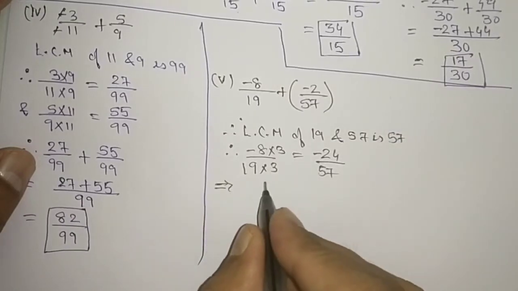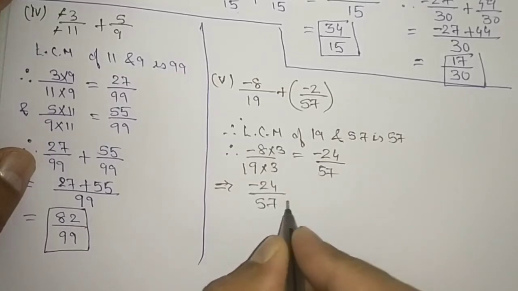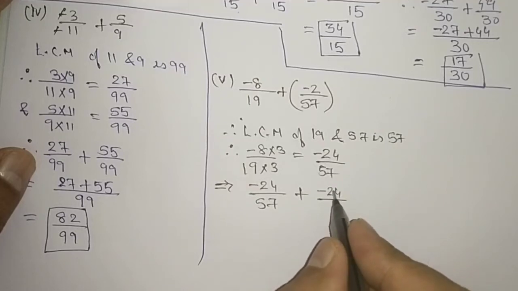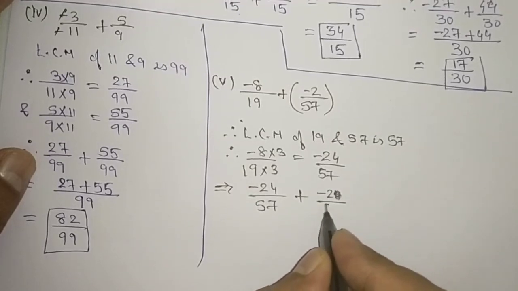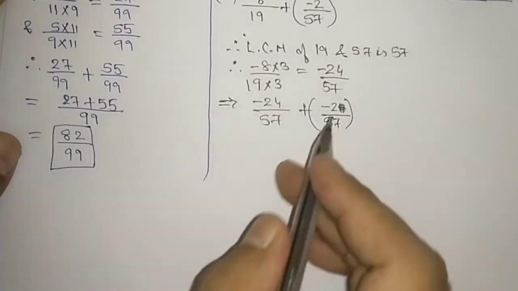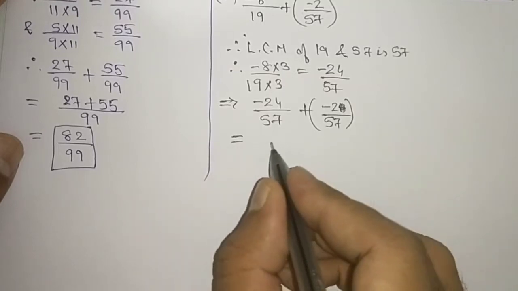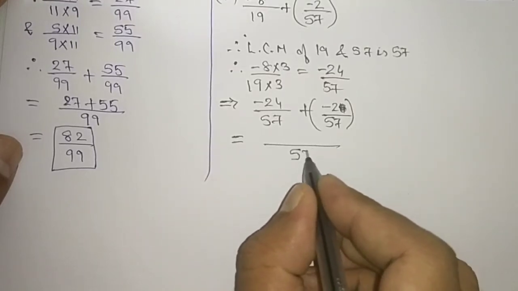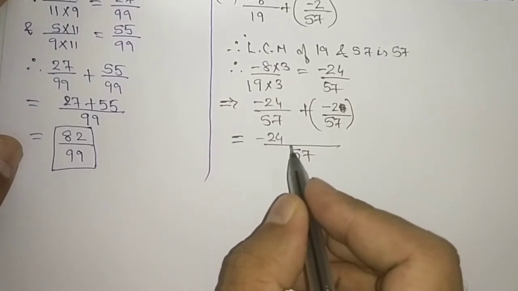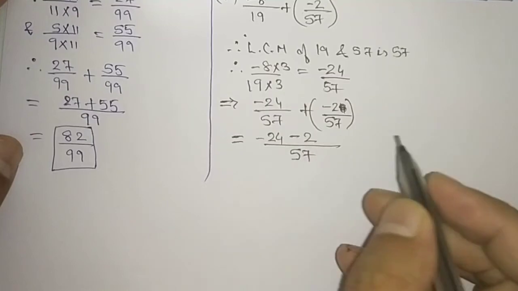Therefore minus 24 divided by 57 plus minus 2 divided by 57. We will place it in a bracket because the two signs are different. This is equal to, the denominator is the same, so 57, and the numerators will be added: minus 24 plus minus 2.